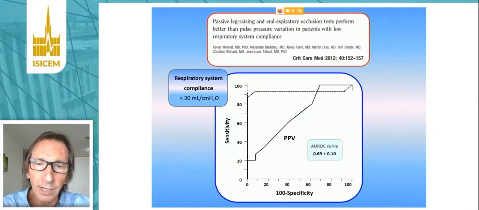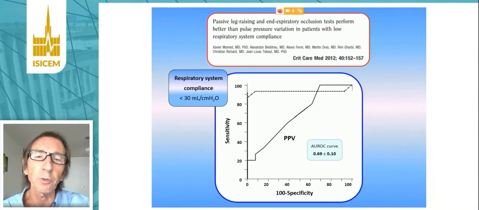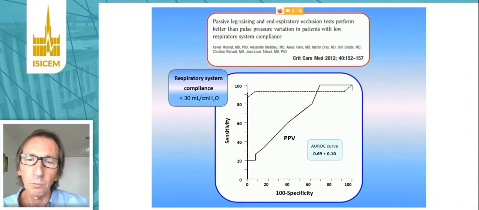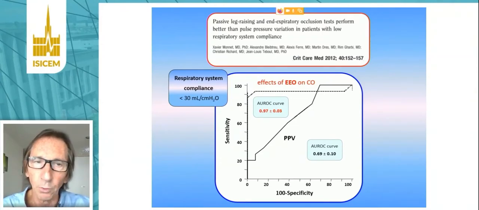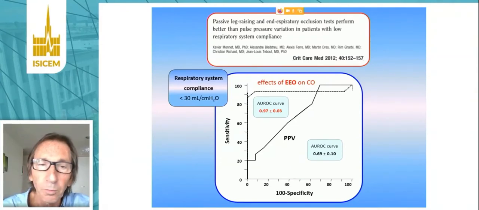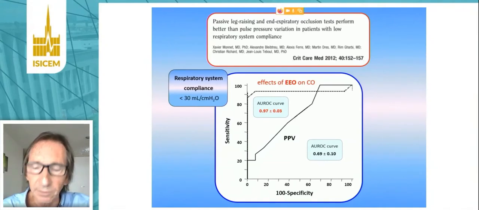As you can observe, the area under the ROC curve for the prediction of responsiveness for PPV was not very good, 0.69, but the area under the ROC curve for the end-expiratory occlusion test, with the effects assessed by cardiac output, was excellent, 0.97. So it works also in patients with low compliance of the respiratory system.